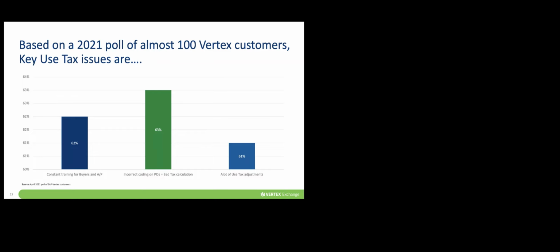Incorrect coding of that can definitely lead to bad tax calculations. So we saw that as being quite a common issue. And then that led to having to do use tax adjustments. Tax teams are having to come in after the fact, after invoices are posted, and process use tax adjustments.